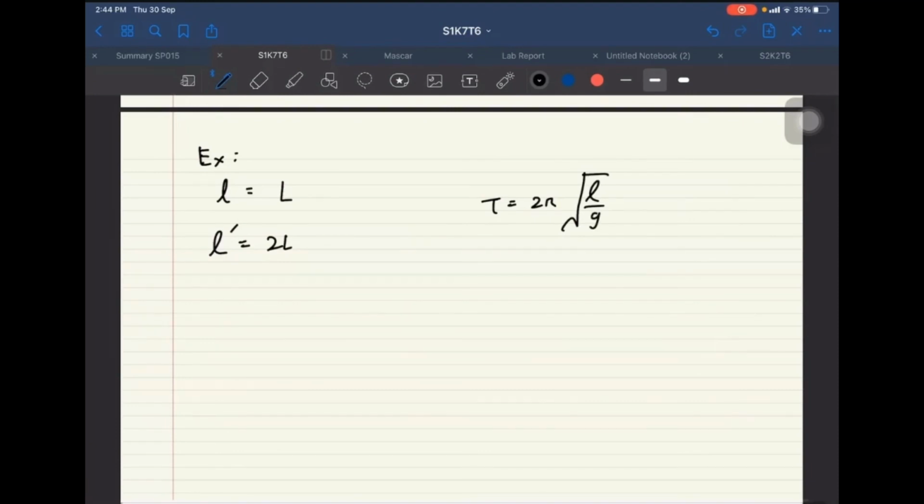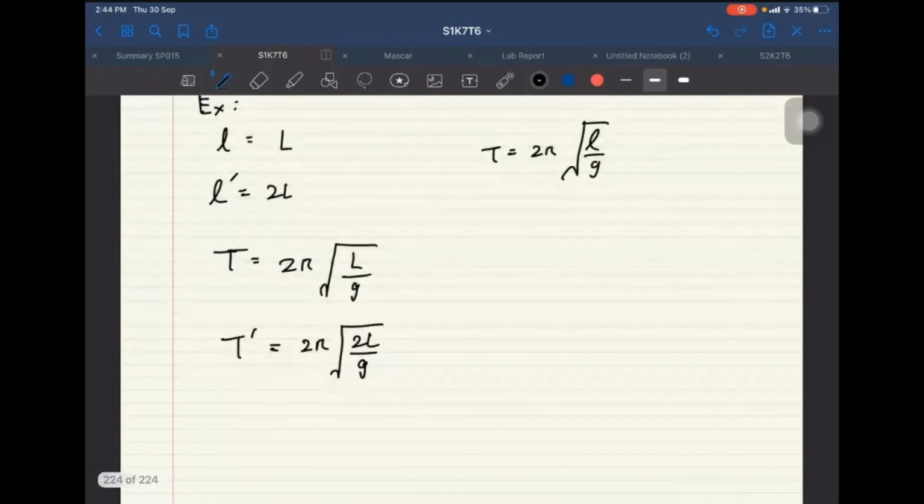So maksudnya initial T dia, T yang asal, L dia tu kamu substitute sebagai L besar. So you leave it like that. T yang baru, yang mana dia pakai L yang baru, then it will be 2L over G. Lepas tu kamu nak buat apa ni? Ingat lagi tak? Saya biasa tunjuk.